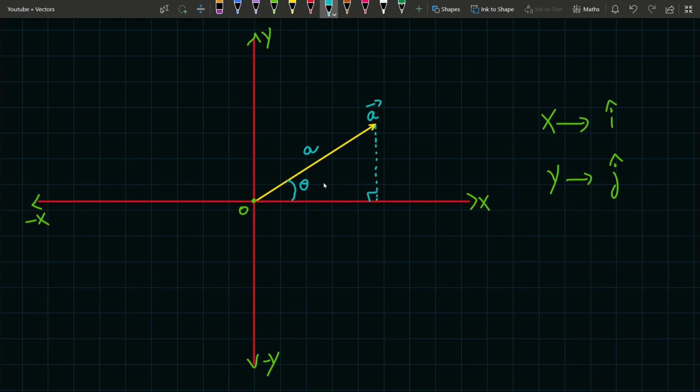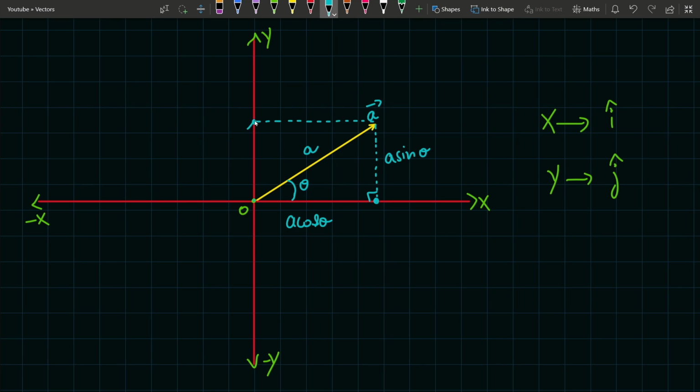So according to trigonometry, can we write this side from O to this point as A cos theta? And this length, from the head to this point, can we call that A sin theta? Yes. Now if this length is A sin theta, I'll draw a parallel like this.